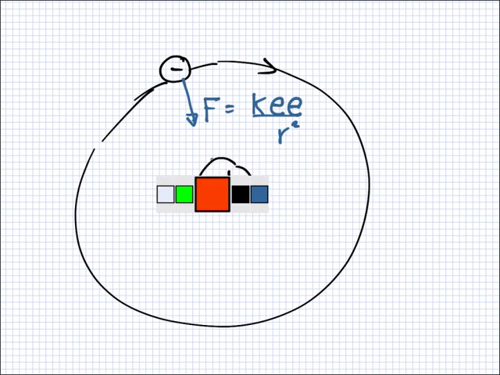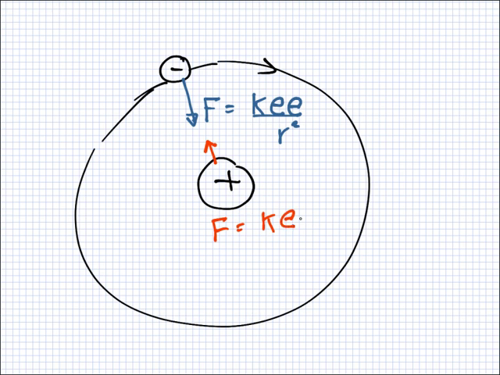What's the force here? F equals K E over R squared. Now this is interesting. The force here and here are the same. The electron pulls the proton. The proton pulls the electron. Those forces are the same. But only the electron moves.